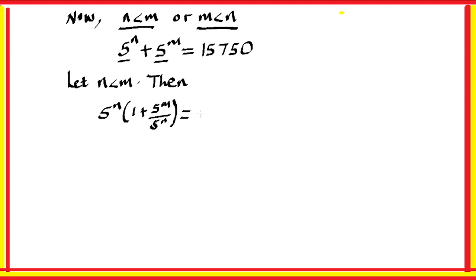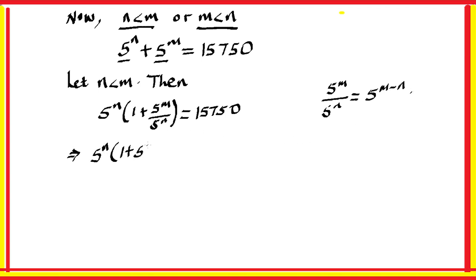Then, from the property of exponents, 5 raised to m over 5 raised to n means 5 raised to m minus n. So 5 raised to n times 1 plus 5 raised to m minus n is equal to 15,750.